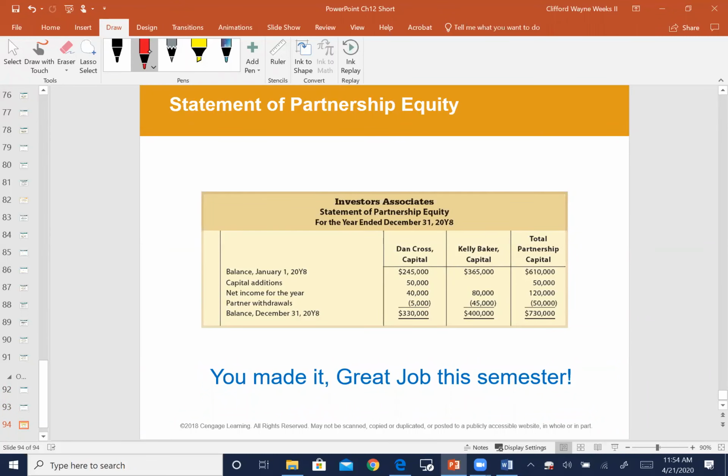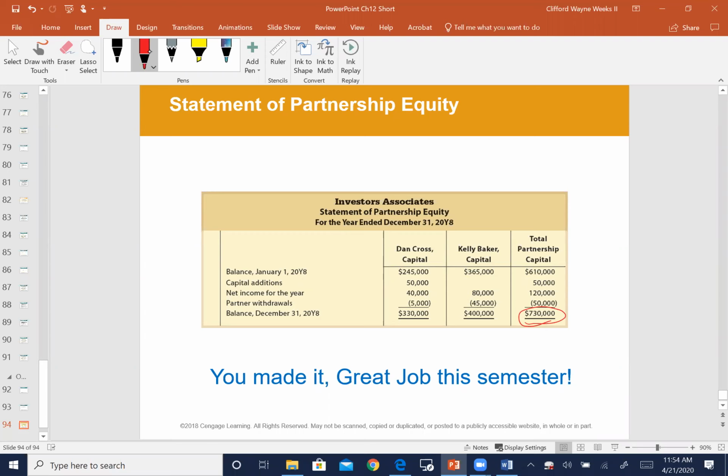Before we just had one person. We had the beginning balance, additional capital contributions, the net income, the draws, and the ending balances. But in this case, we have it for the partnership as a whole. So this would be reported on the balance sheet as the owner's equity.